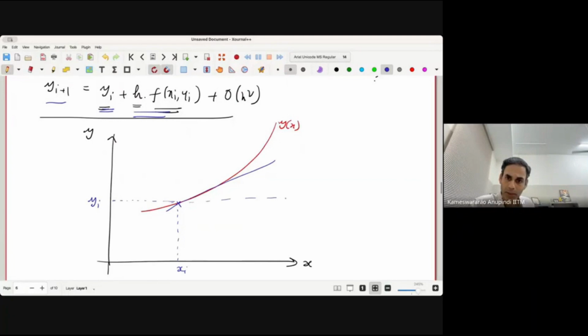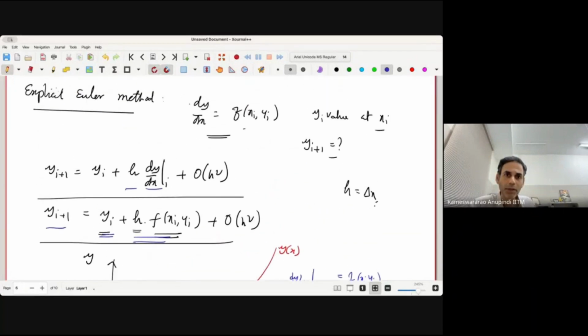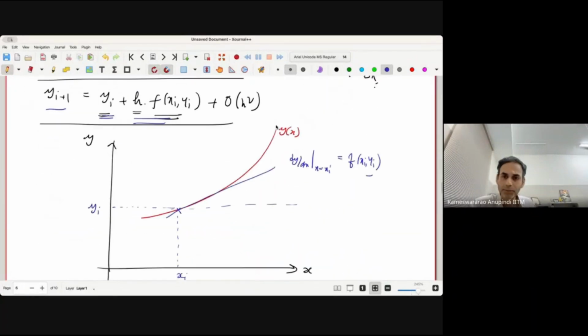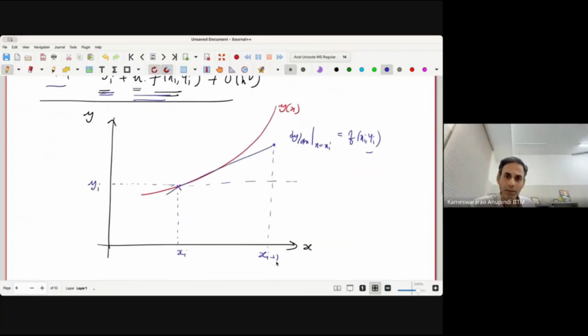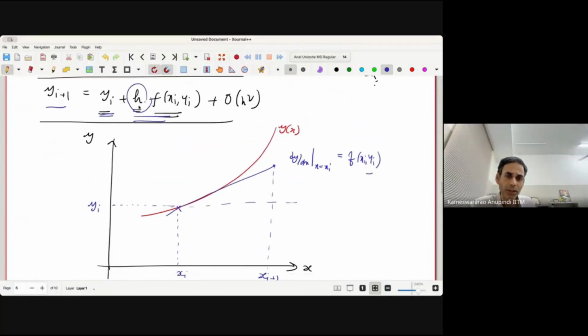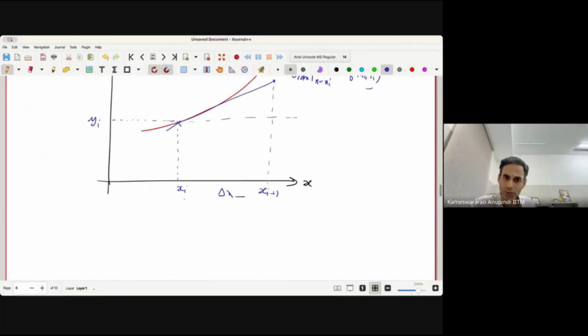This tangent is nothing but dy by dx at x equals xi, which is f of xi, yi, coming from the governing equation. Then we obtain the value at xi plus 1, because we are multiplying with h, which is basically adding delta x to xi, that is x plus h.